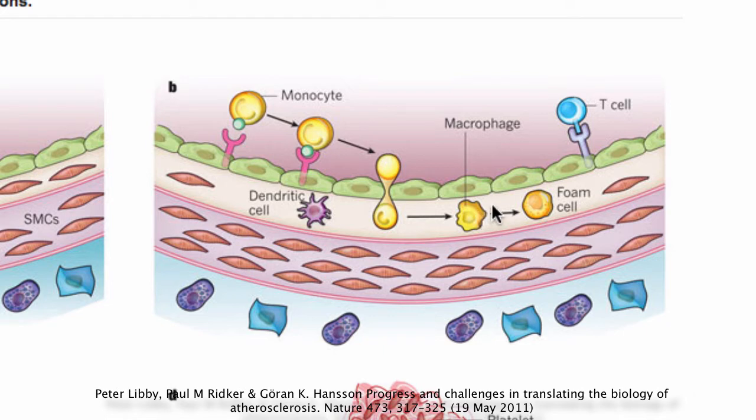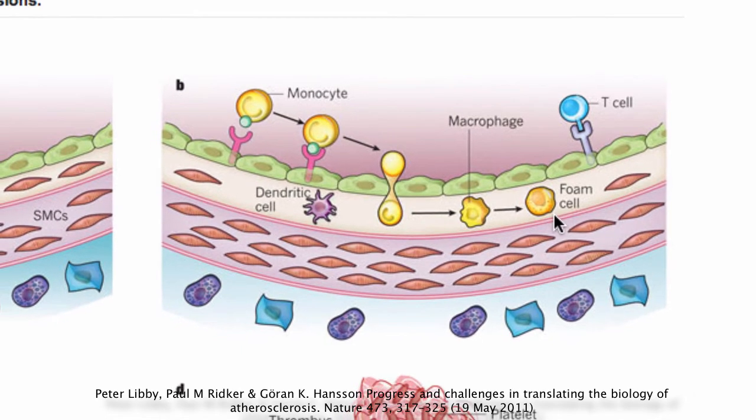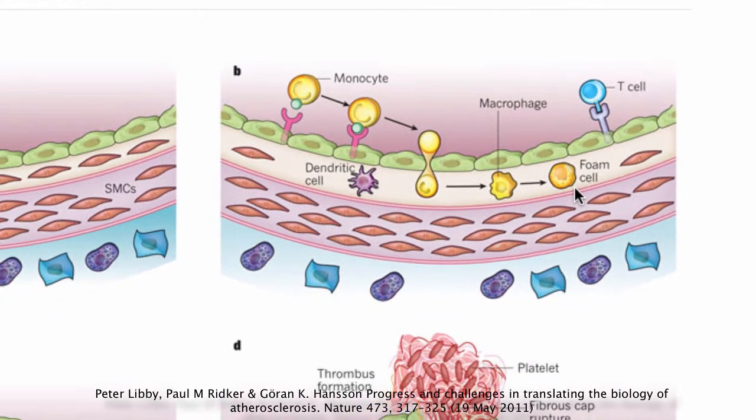LDL becomes oxidized and accumulates within the macrophages, producing foam cells. The foam cells make up the fatty streak, which is the initial lesion in atherosclerosis. Fatty streaks can develop as early as 14 to 15 years of age.